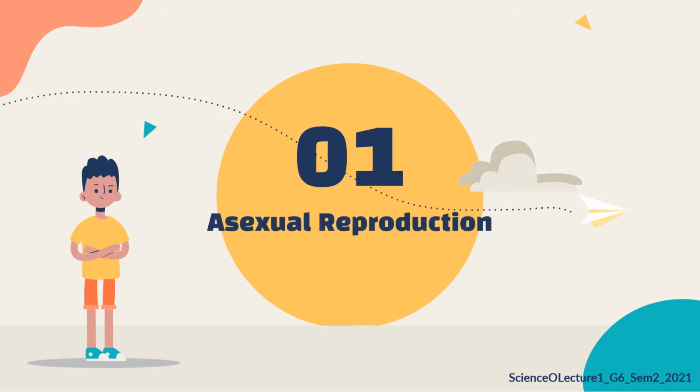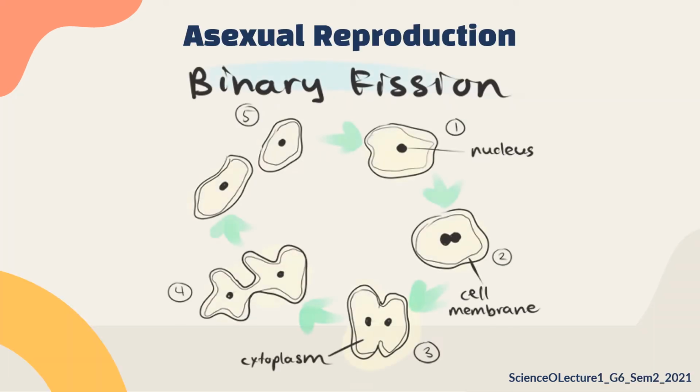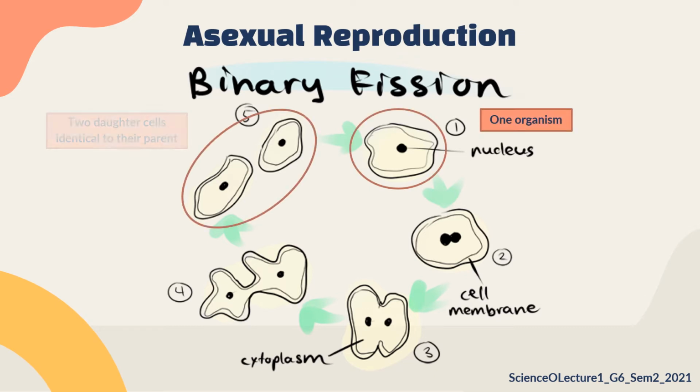Let's first start with a revision about asexual reproduction that does not require the participation of two parents. We have different types of asexual reproduction, such as binary fission or budding. In this slide, we're talking about binary fission. Paramecium and bacteria are organisms that reproduce asexually by binary fission. Here we have one parent that produces two identical daughter cells.